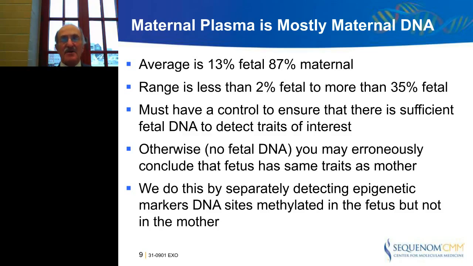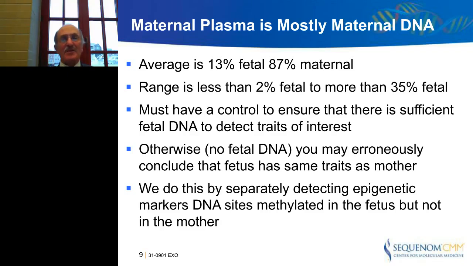And if a mother has only a few percent fetal DNA, there's too much stochastic noise to make the measurements. So we have to have a way, independently, of guaranteeing that there is sufficient fetal DNA to get above a statistical threshold. And in the commercial tests that we provide, that threshold is currently 4%.